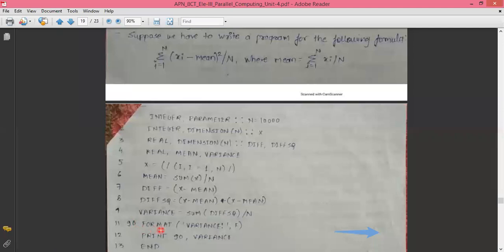You are arranging the outputs in the desired format, and just before the word format there is a 90, which should always be used by the programmer.